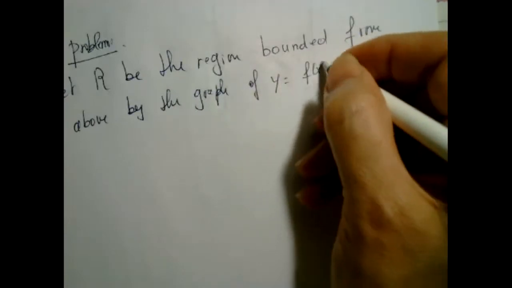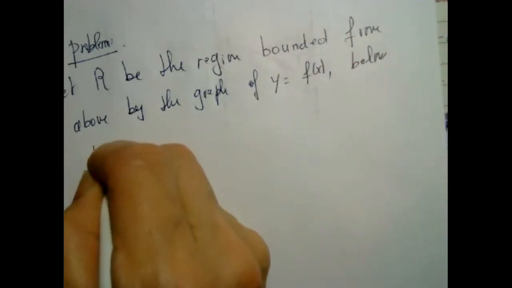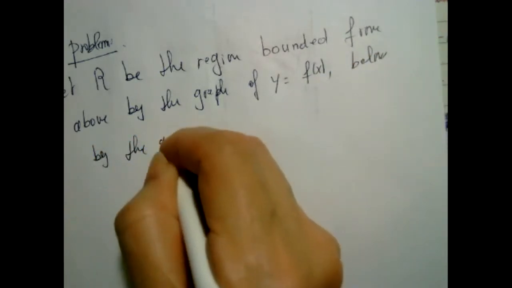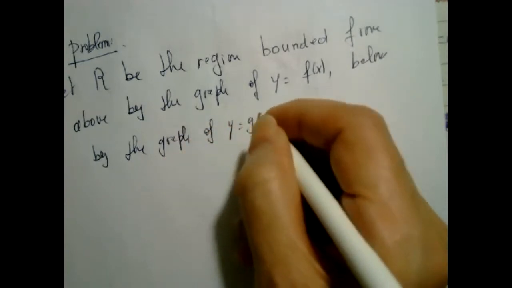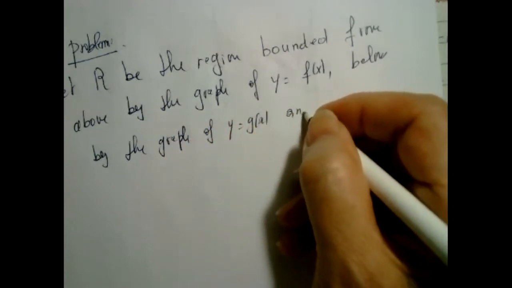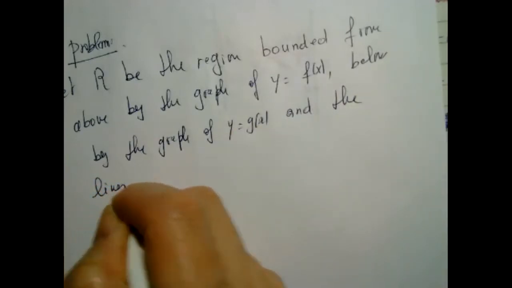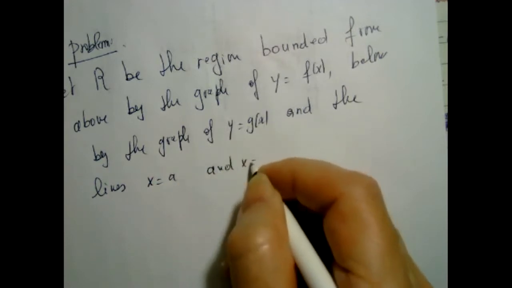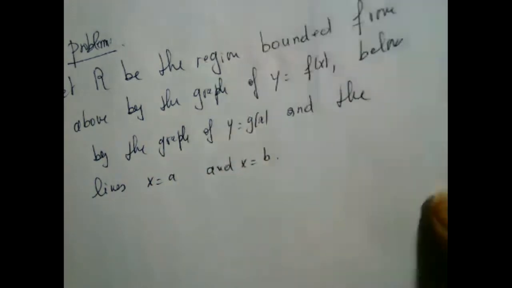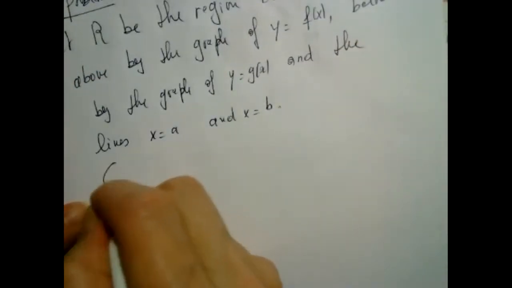So that's above. Below by the graph of y equal g of x. And the lines x equal to a and x equal to b. That's really my region. The goal is to find the area.